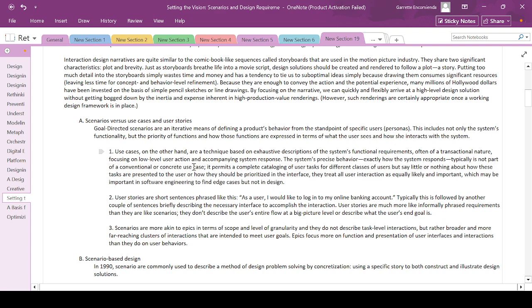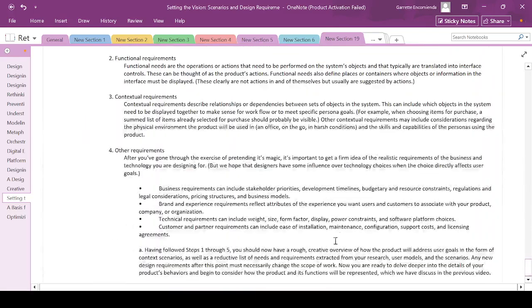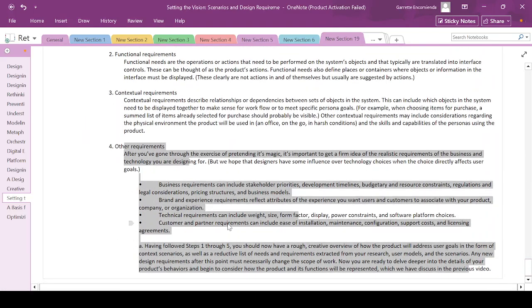Here, it's not a use case, because use cases treat all user interaction as equally likely and important, which may be important in software engineering, but not in scenarios, because we're just trying to find those few little things that will help us leverage correct analysis and thesis on what will actually improve our business satisfaction with as little effort as possible, while at the same time achieving business goals. Again, goal-directed design is the only known proven method that allows us to achieve that with less effort.